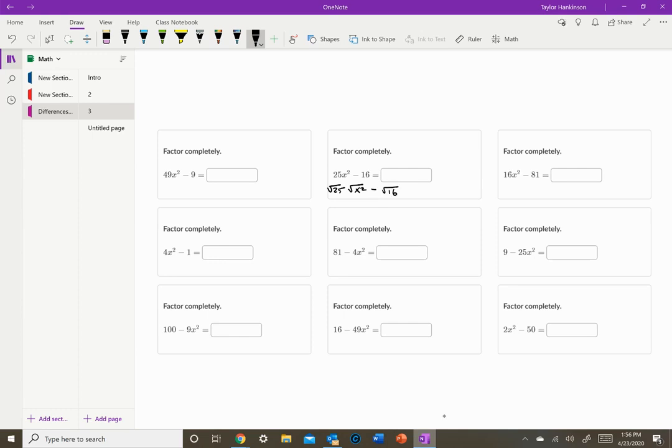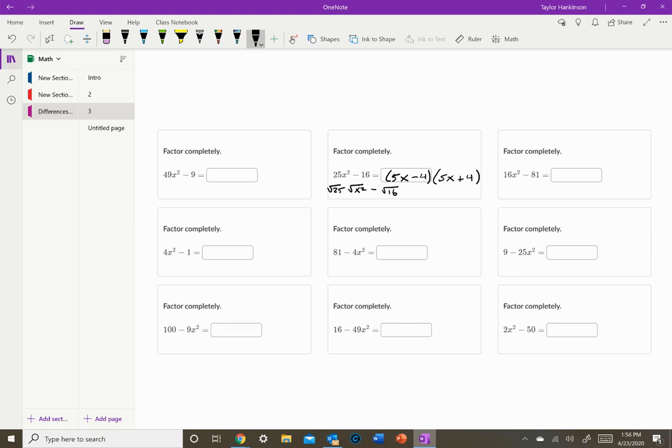The square root of 25 is 5, the square root of x squared is x, and the square root of 16 is 4. So for the first one I'm going to have 5x minus 4, and for the other one, 5x plus 4, because remember, one's positive, one's negative.